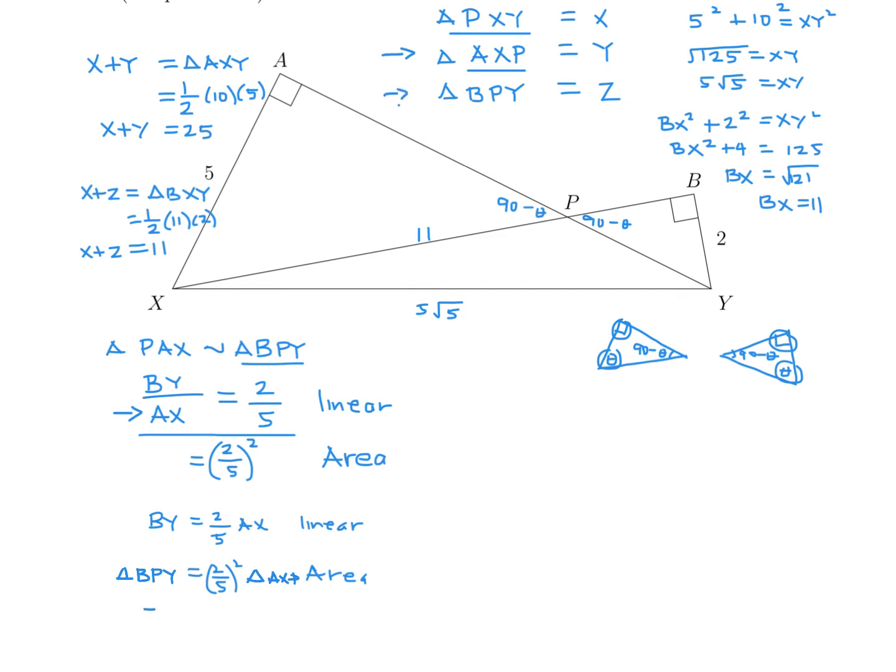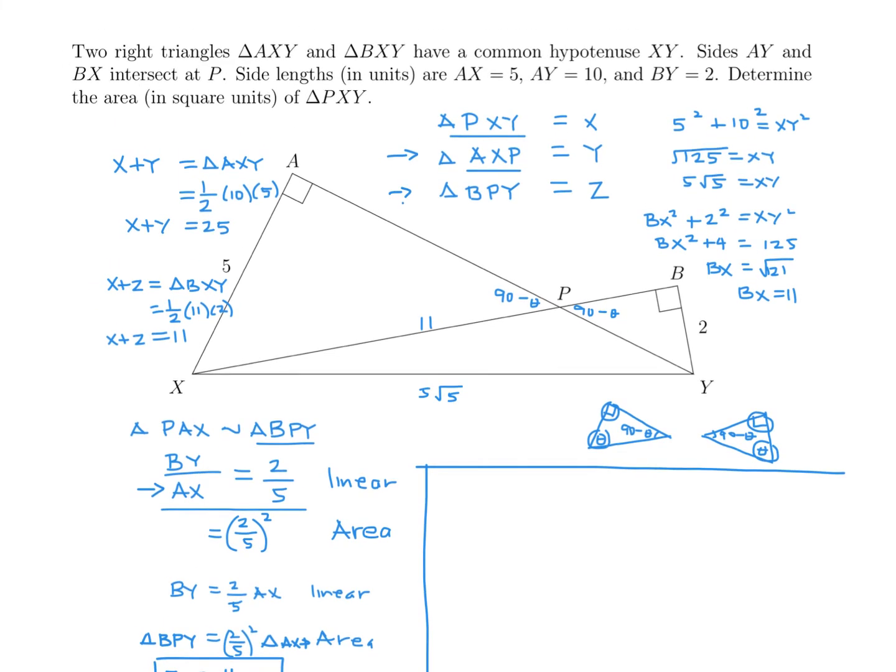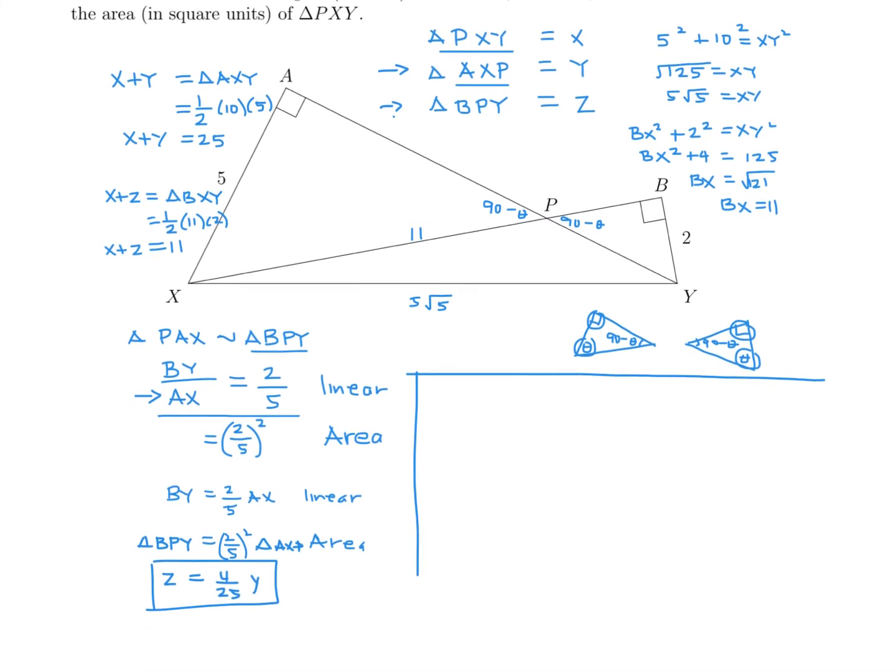So that means Z is equal to 4/25 AXP, which is Y. Okay, so this is a very important relationship that we have come up with. All right, what do we have to do in this question? We have to find PXY. So PXY is X. Okay, that's straightforward, because then we just have to use these equations.